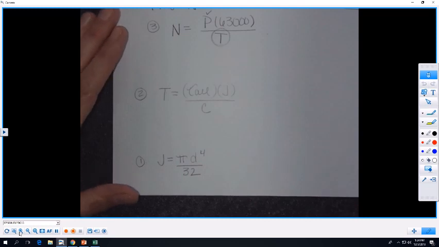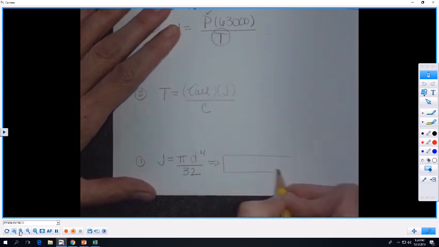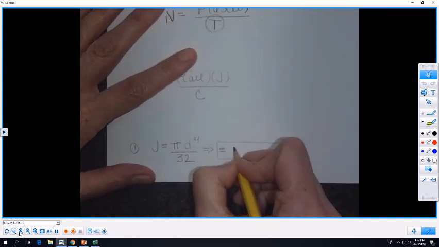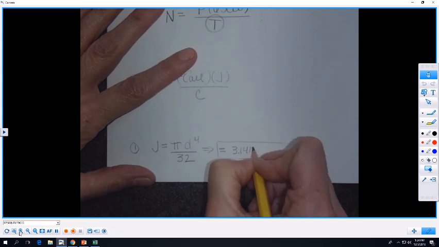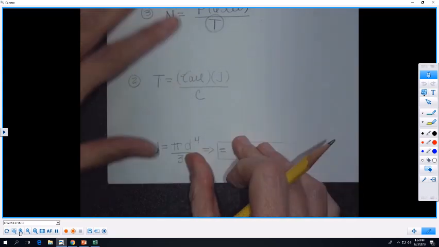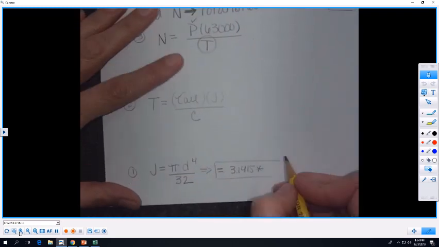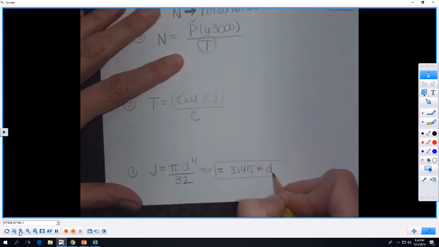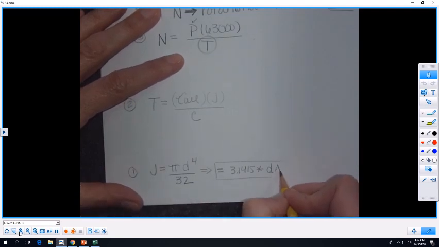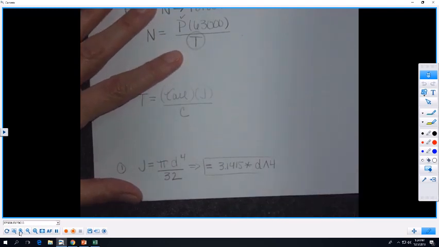So let's write out what our line for our J is going to be equal to. Here's our cell. We're going to start it with the equal sign. It's going to be pi, 3.1415, times the diameter. The diameter is going to be an input for us at the top, so that's going to be a cell designation, but I'm just going to call it D here, to the, shift 6, fourth power.